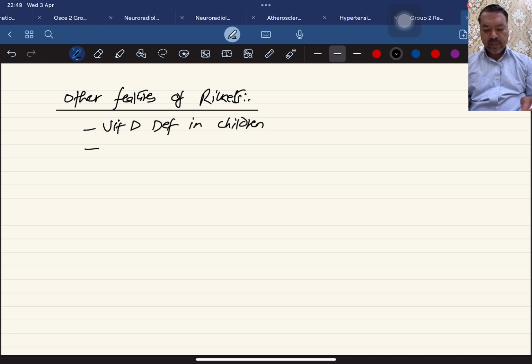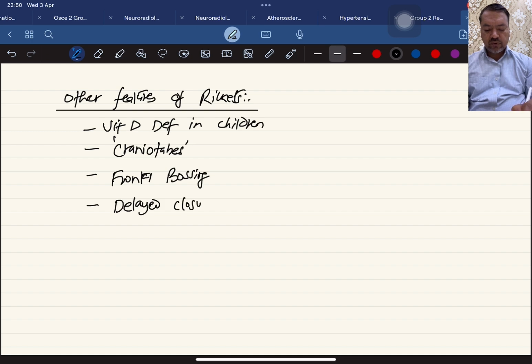Now, second, in the skull there will be craniotabes, a very soft skull. Then there will be frontal bossing, the prominence of the forehead. Another important feature is delayed closure of the anterior fontanelle, or sometimes the anterior fontanelle may be wider than normal.